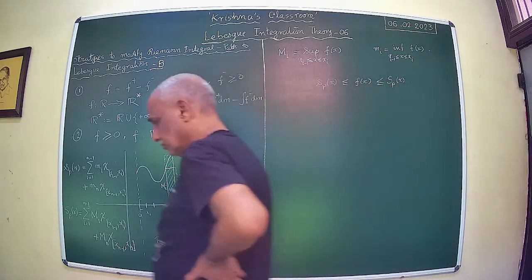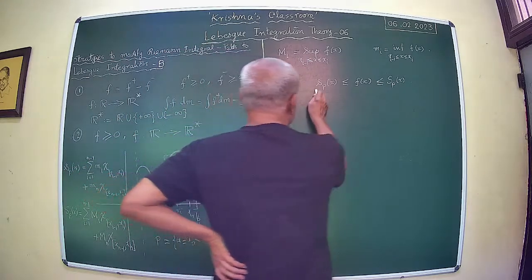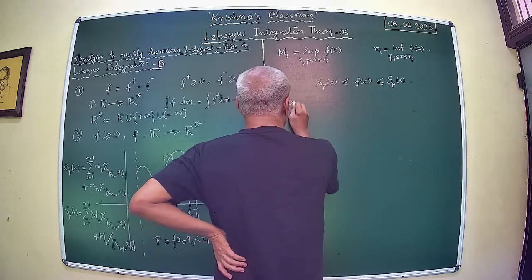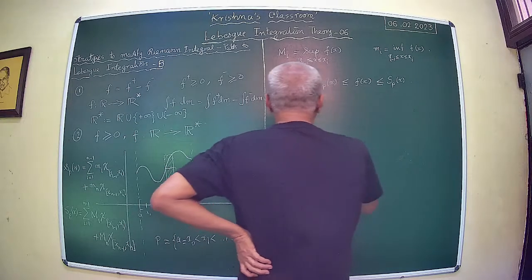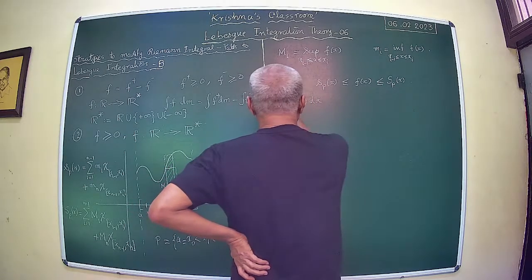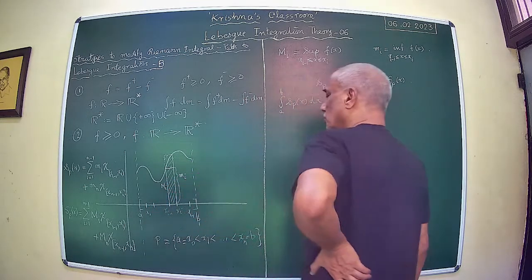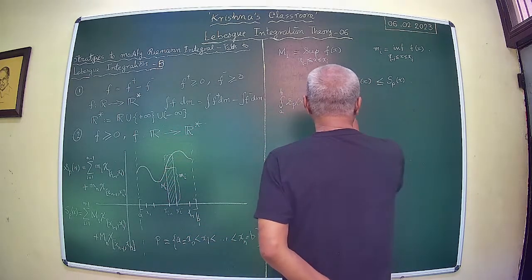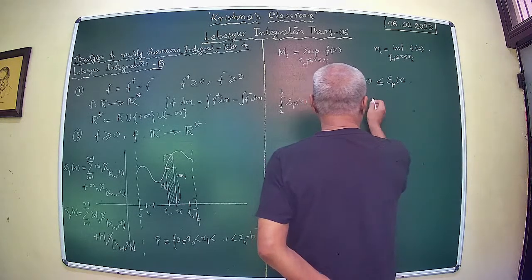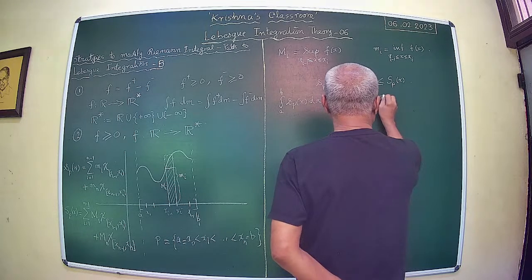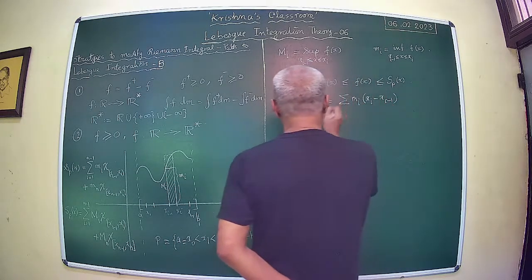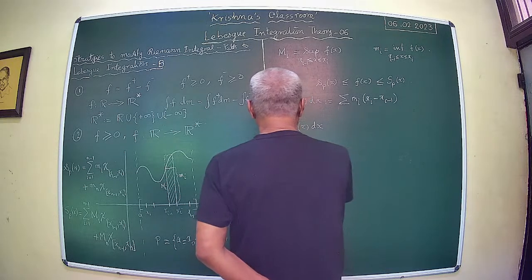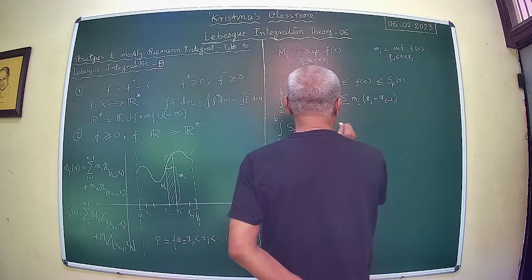The integral of this is essentially the sum of m_i times the length of the interval, and this is defined as the sum of M_i times the length.